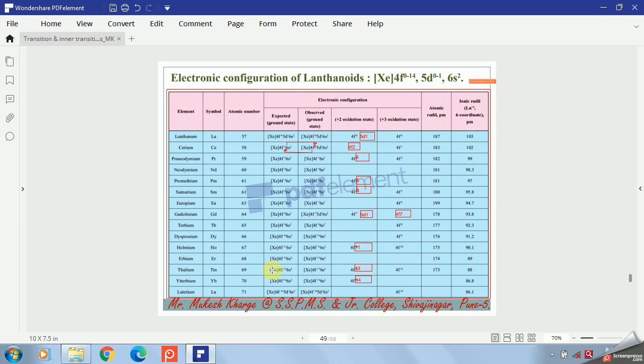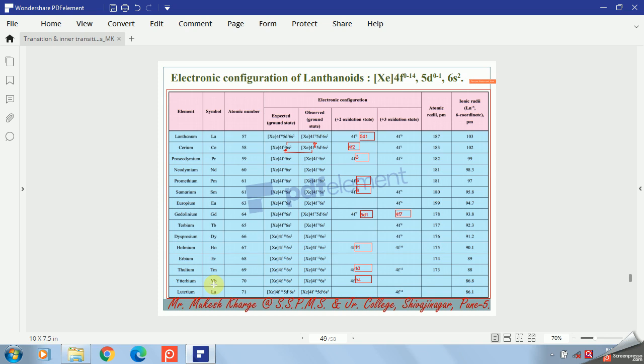The observed and expected electronic configuration is xenon 4f13 6s2. And if we donate 2 electrons from 6s, the Tm2+ electronic configuration is xenon 4f13. And if it donates 3 electrons, then Tm3+ is 4f12.